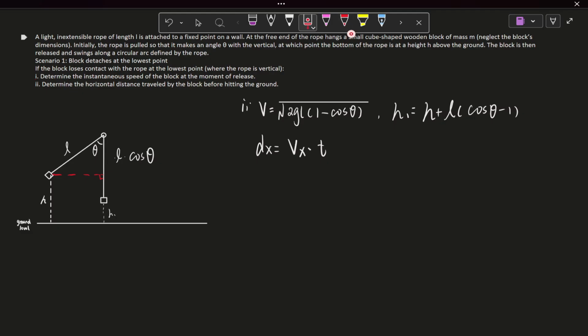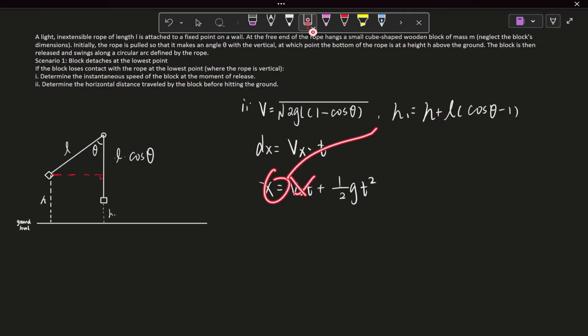t is the time it took for the block to fall from this height to the ground. So we can just use a simple kinematic equation, which is x is equal to v naught t plus 1/2 gt squared. Because it's in free fall, the acceleration will just be g. And since originally the velocity the object has is only in the horizontal direction, the initial vertical component of the velocity is 0, so we can just ignore that.